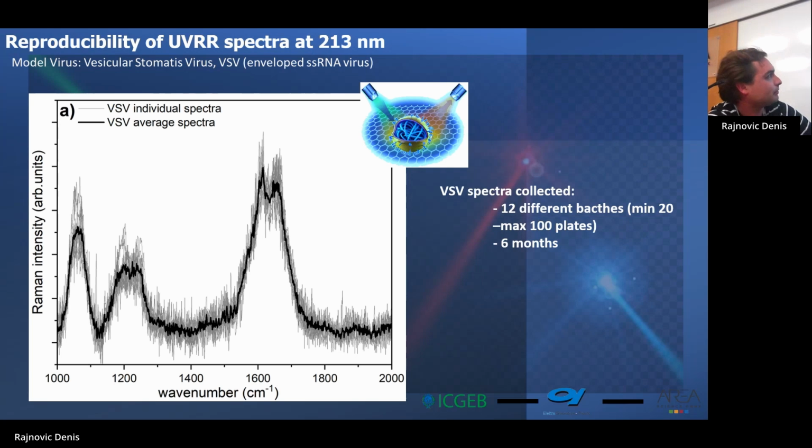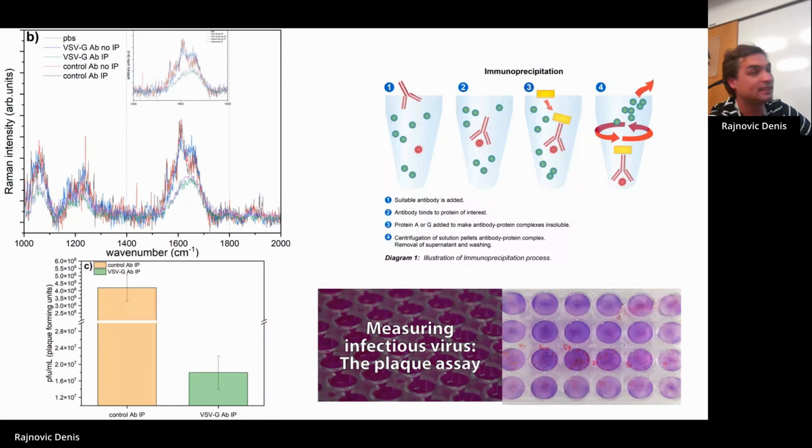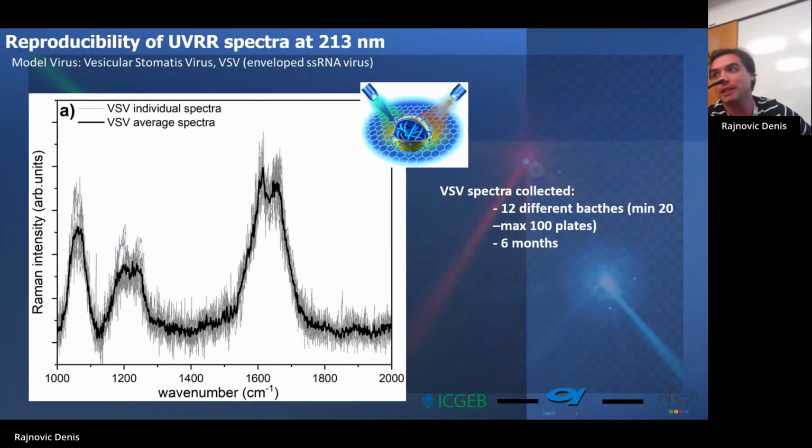Once I optimized the alignment procedure and preparation methods, I collected the spectra of this virus over a period of 6 months from 12 different batches. In the black line, you can see the average spectrum of all 12 batches. The second step was to confirm that the signals actually originate from the virus itself.